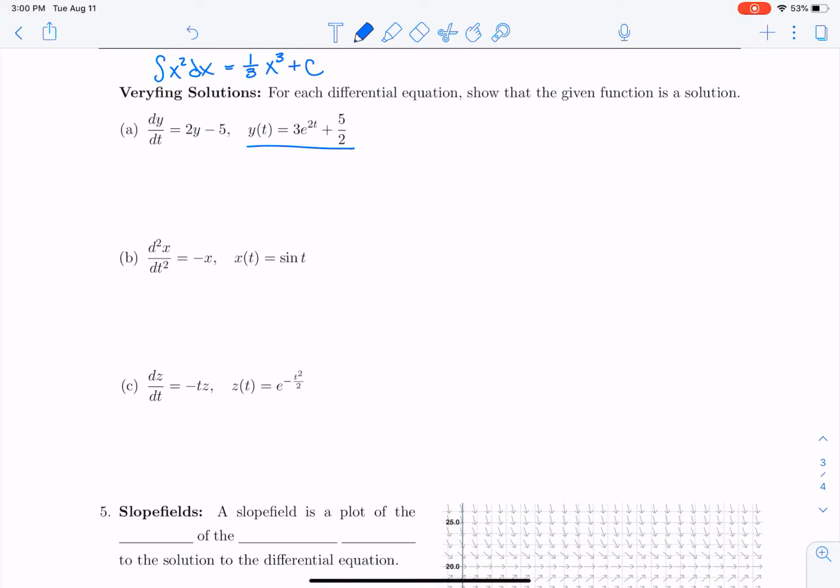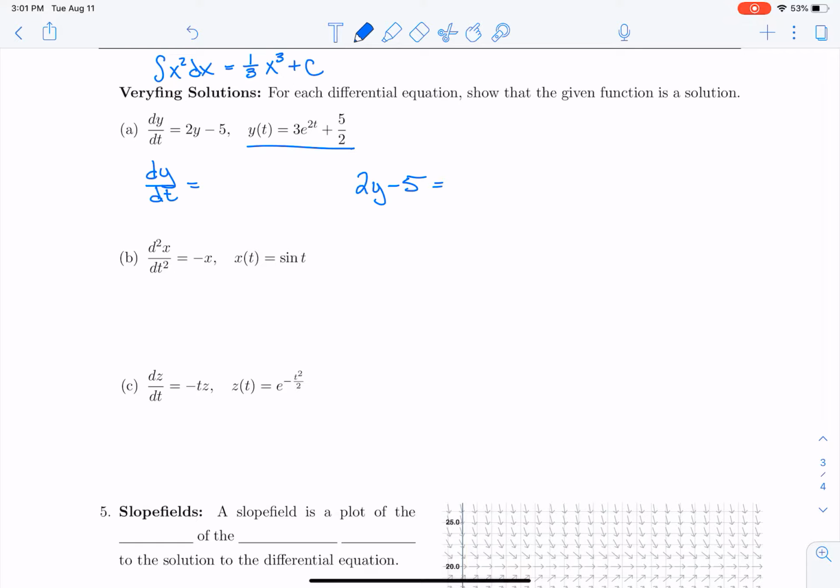And all I'm asking you to do is to verify that it is the answer. So to verify that this is actually the answer, you're going to need to find the derivative, dy/dt. Find what that is. And then you need to tell me what 2y minus 5 is, what's on the right-hand side. And if those two expressions are equal, then you have verified the solution to the differential equation.